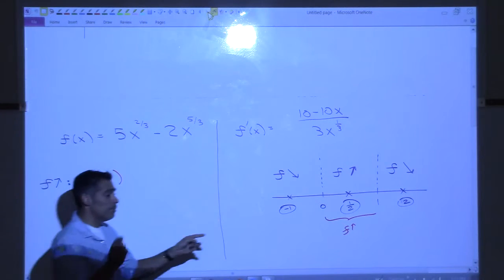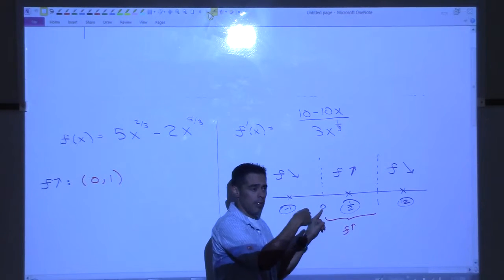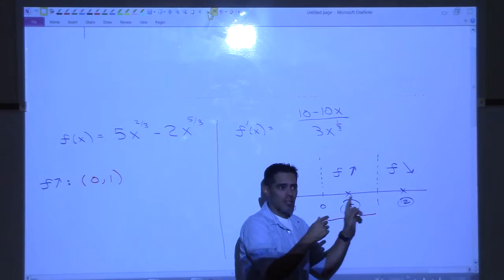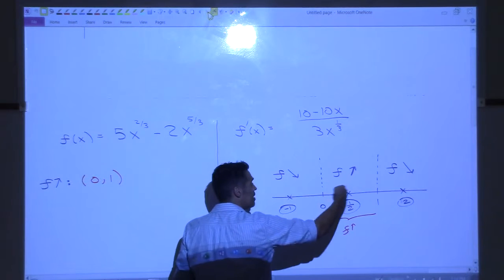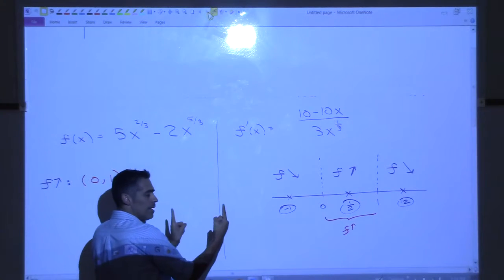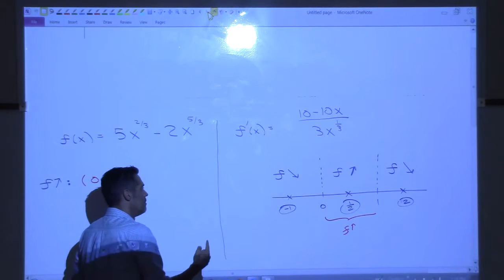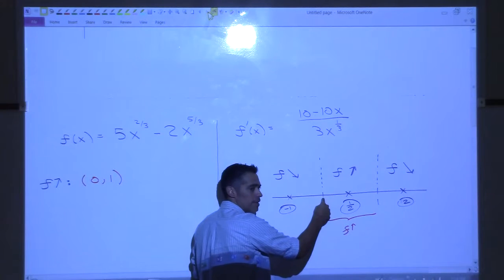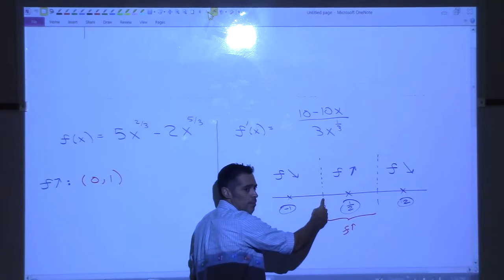Even though we can plug 0 into the function, can't we? And we can plug 1 into the function. That's allowed. To talk about a function increasing means you have to have at least 2 points. So you can't ever talk about whether or not a function is going up or down at a single point. So we don't lose anything by not including that single point.